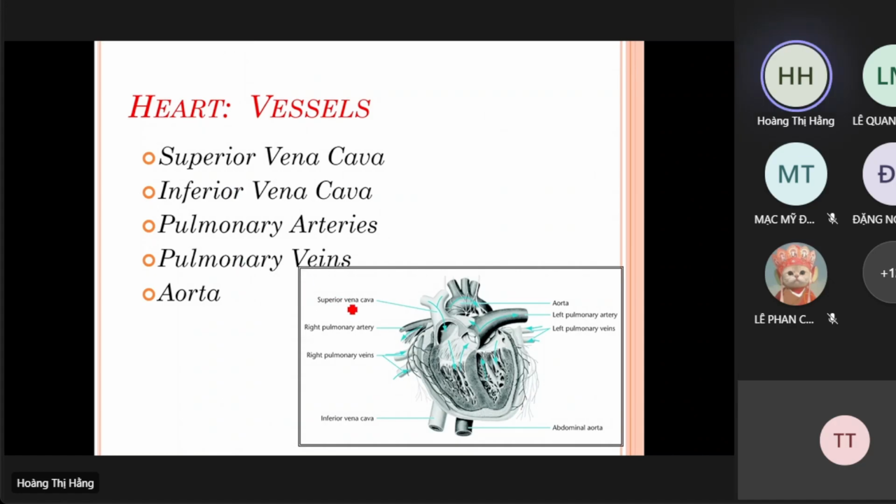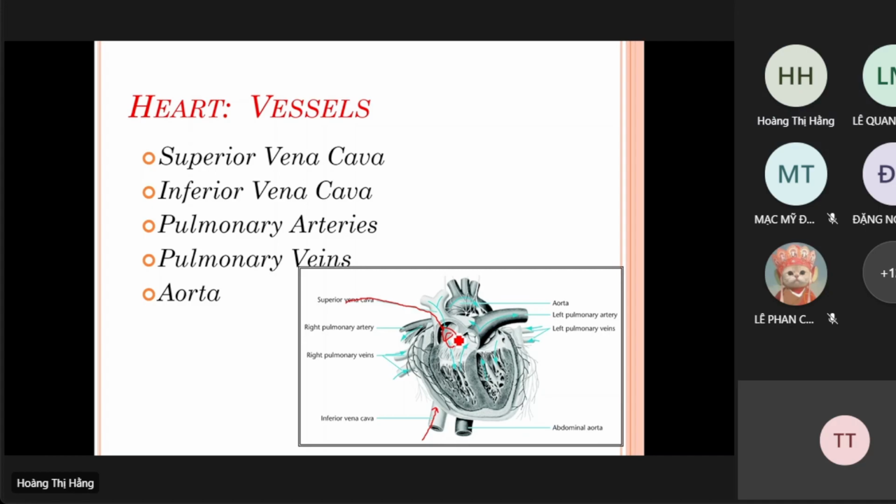You see that oxygen-poor blood will flow into the heart, into the right atrium, through the above parts, superior, and the below parts of the body, inferior vena cava here.